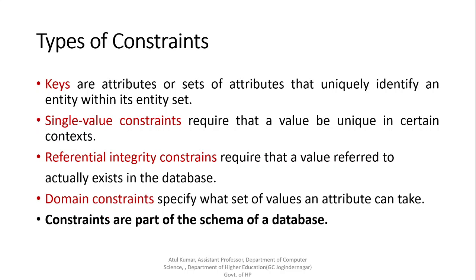The next constraint is referential integrity constraint. They require a value that is referred to actually exists in the database. Next constraint we have is domain constraint. They specify what set of values an attribute can take. So I will discuss all these constraints in detail one by one.